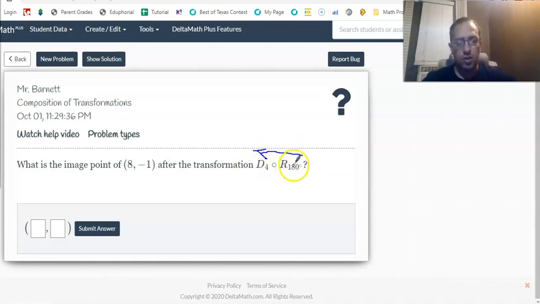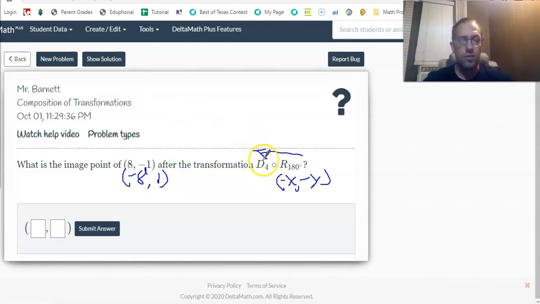So I have to have the rotation to do the dilation. Rotation 180 degrees: the rule for that is negative x, negative y. So the negative of 8 is negative 8, and the negative of negative 1 would be a positive 1. Now I'm going to do the dilation.